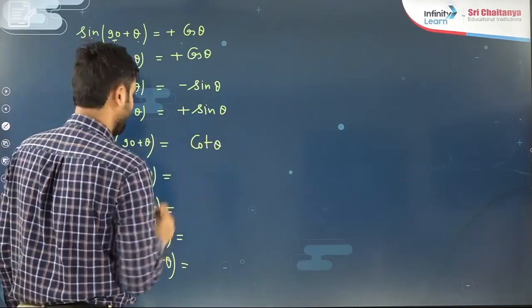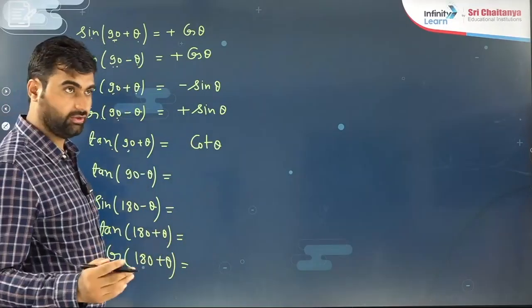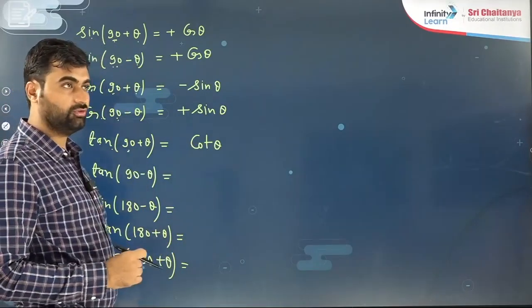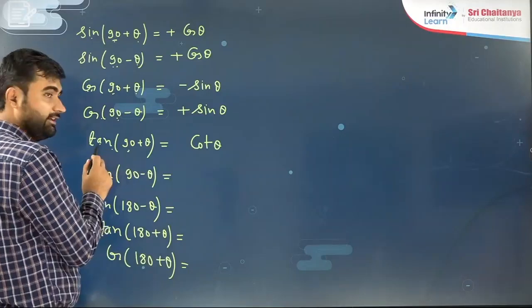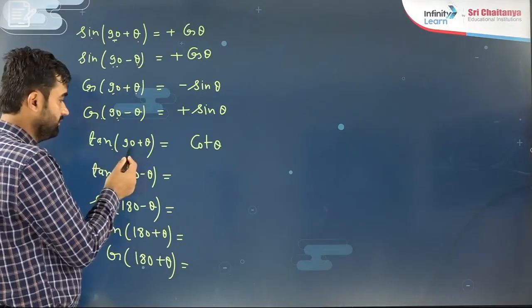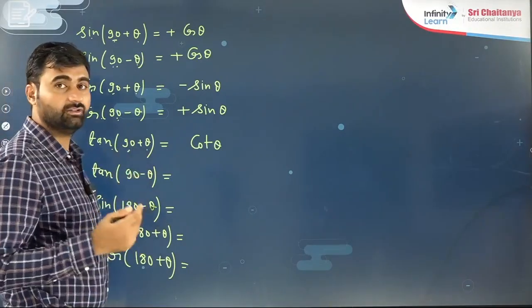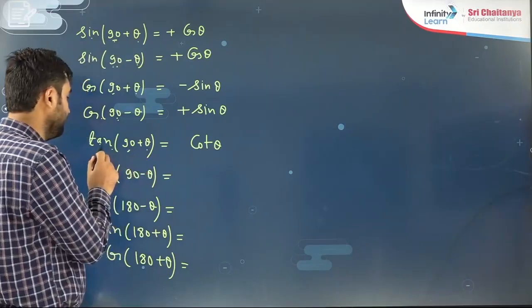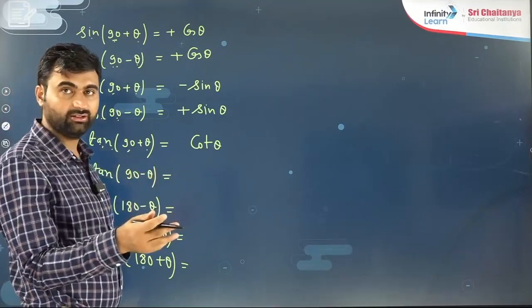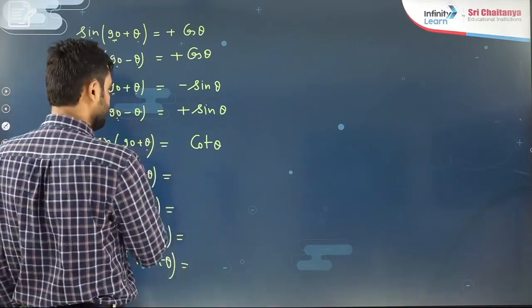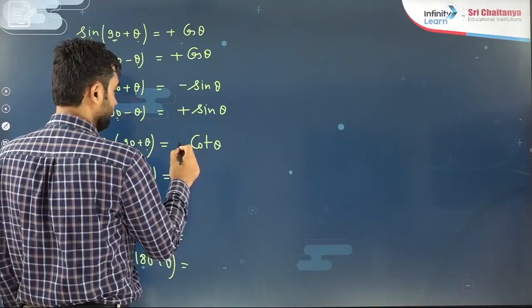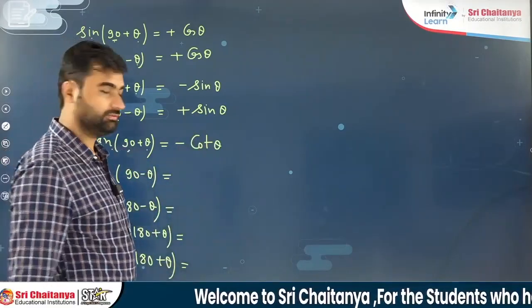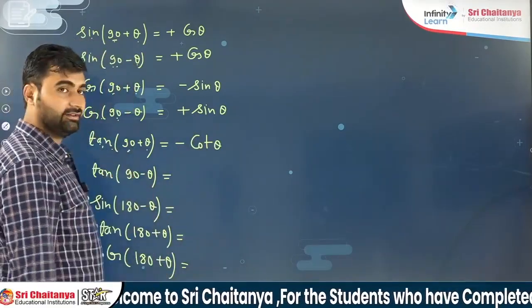Second, positive or negative? In which quadrant is it? 90 plus something means second quadrant. In the second quadrant tan theta is negative, because only sin theta and cos theta are positive. So this value is negative. Understood?